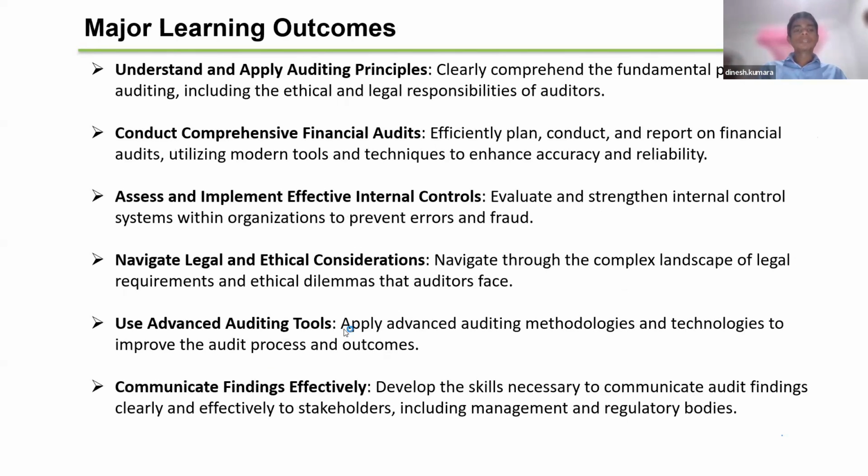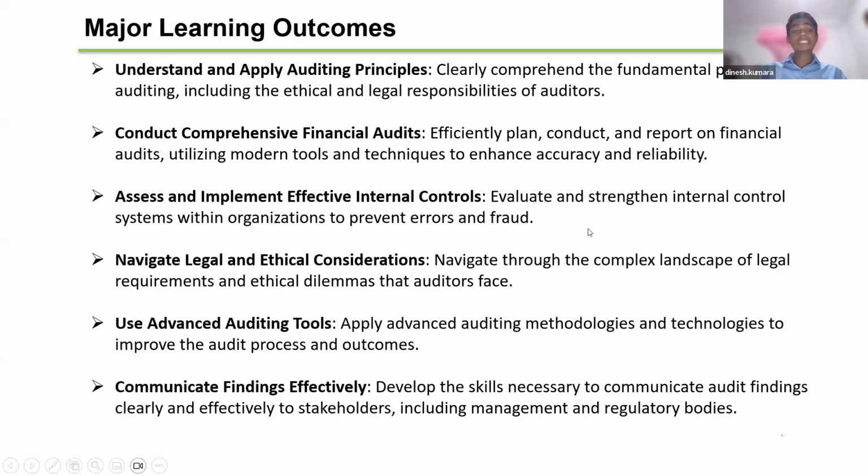Then learning outcomes: understand and apply the auditing principles. How to understand and how to apply internal auditing principles in your workplace. Then how to conduct a comprehensive financial audit. Then assess and implement effective internal controls in your organization.